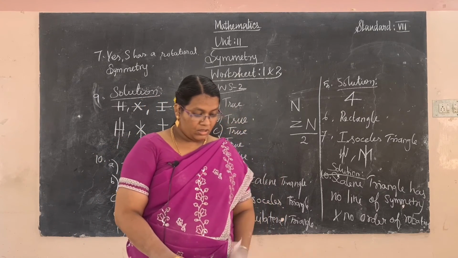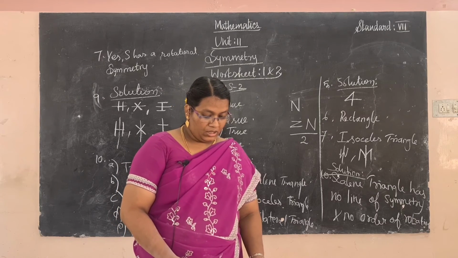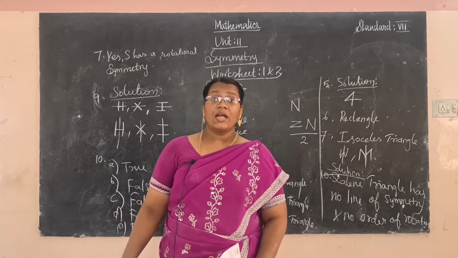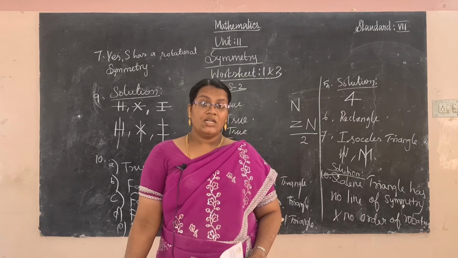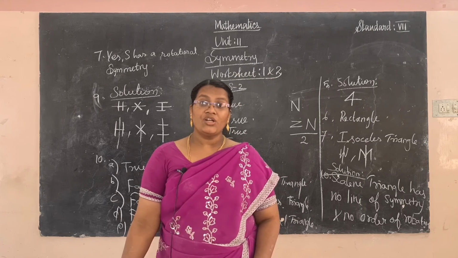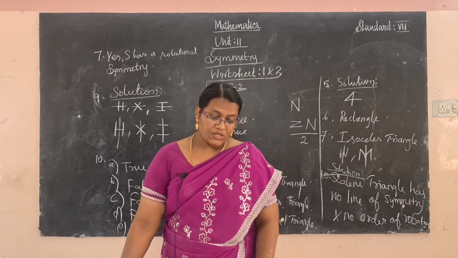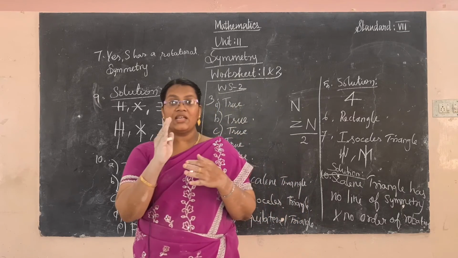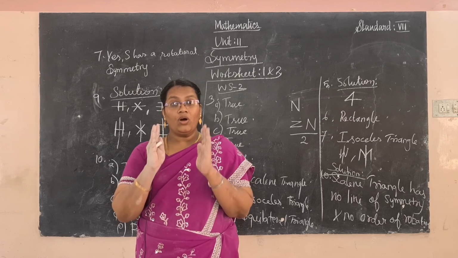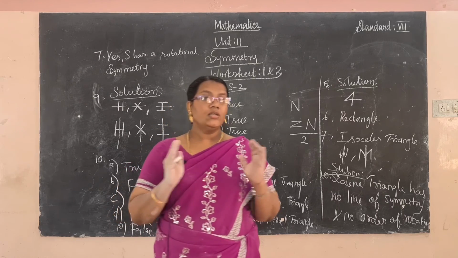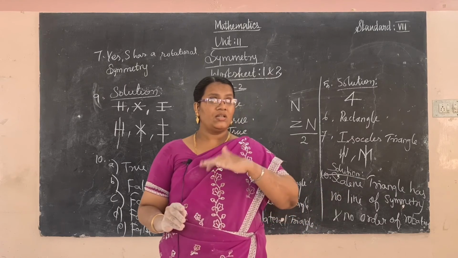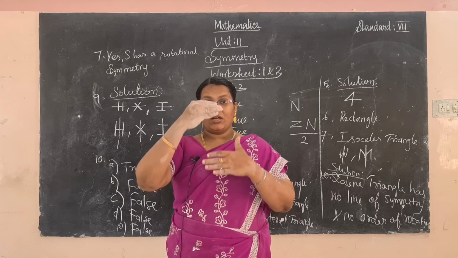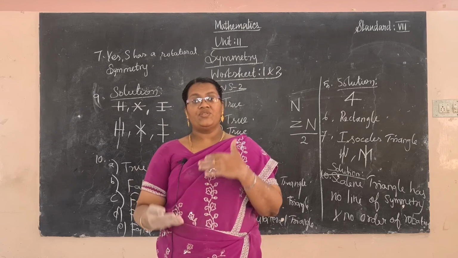that's it. So this unit is completed, unit 11 symmetry is completed. In this chapter we have learned line of symmetry, reflection symmetry, and then order of rotation and angle of rotation. A line of symmetry means a figure or shape divided by a line segment into two equal, identical halves. Reflection symmetry means reflection flips across the line, and we get the mirror image.